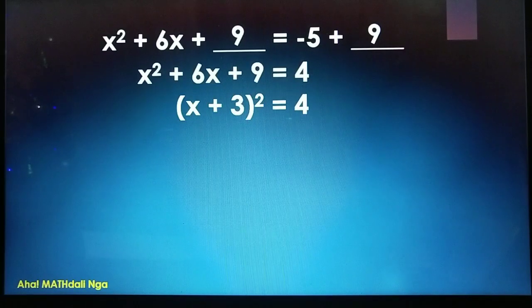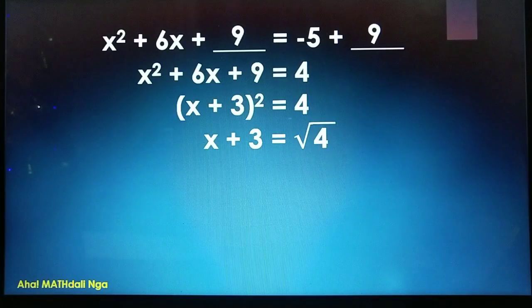Now let's simplify. Copy the binomial x plus 3 equals, take the square root of 4. As you can see, the exponent 2 in the left side of the equation has been removed. And then at the right side of the equation, we need to take the square root of that number.